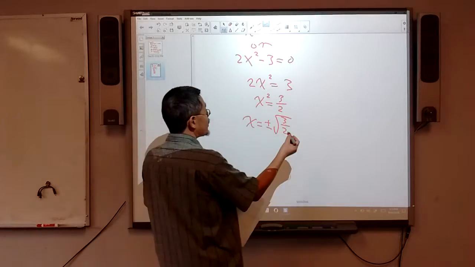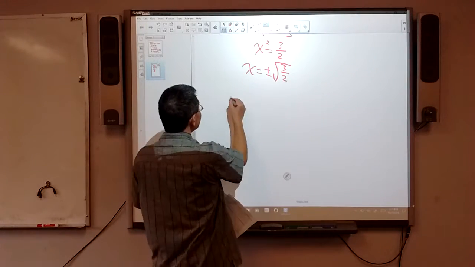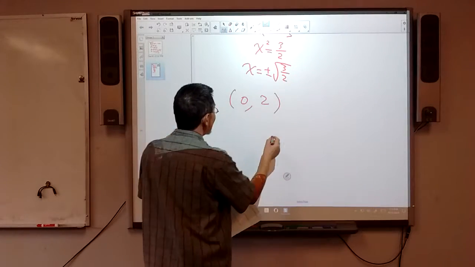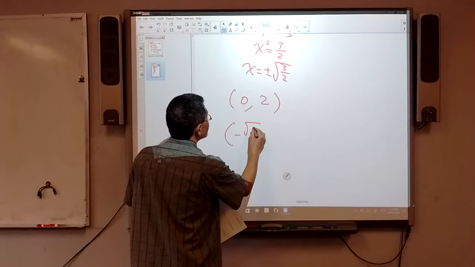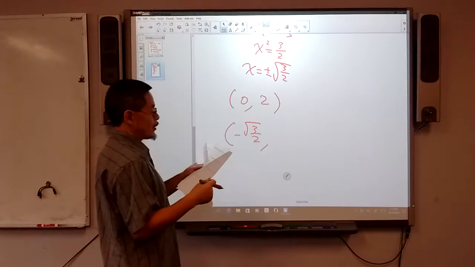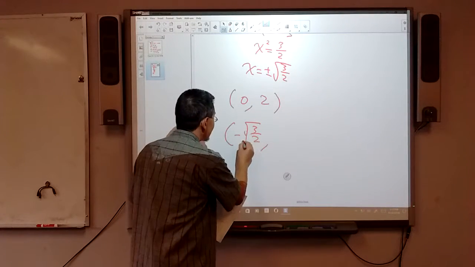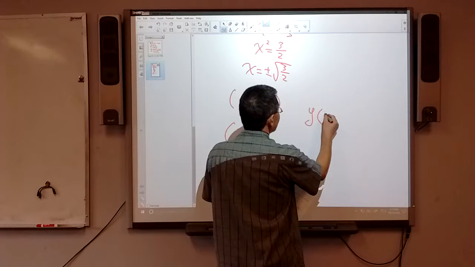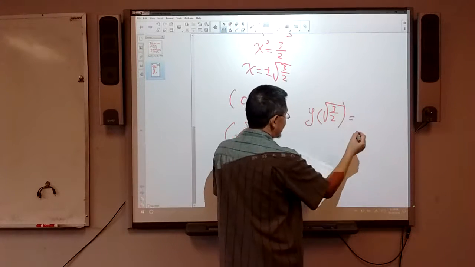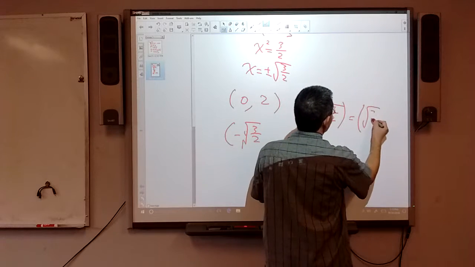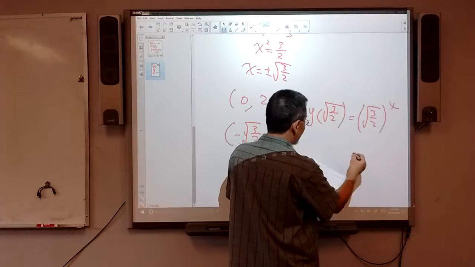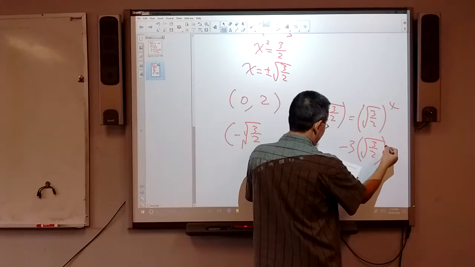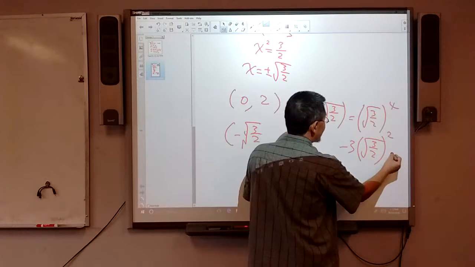The first point will be the easy one. x is 0, what is our y? 2. And the second point is this one. What is our y? That part we have to work out. y is the square root of 3 over 2, to the 4th power, minus the square root of 3 over 2 squared, plus 2.